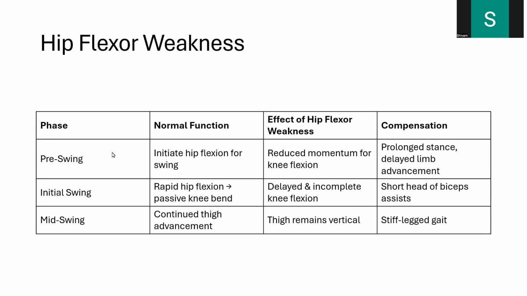So tibial inertia alone is insufficient and the knee stays relatively extended. Compensation here is mainly by the short head of biceps. As we know, it's an active knee flexor. So this substitution mechanism, the short head of biceps actively contracting, is seen when there is hip flexor weakness.